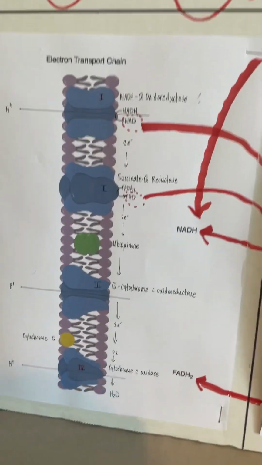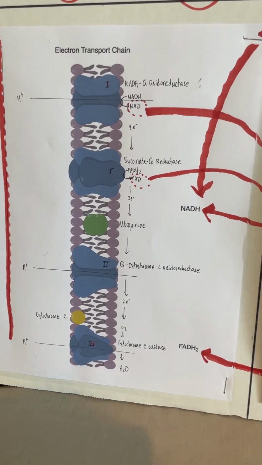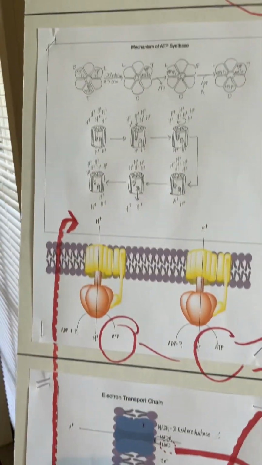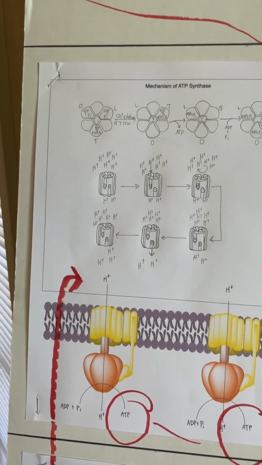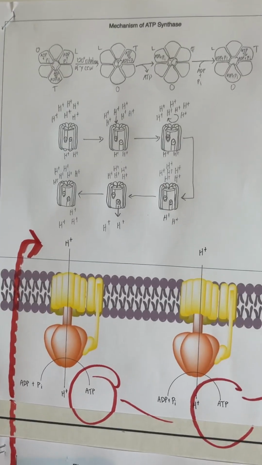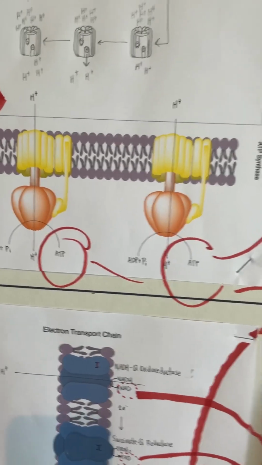So after these electron carriers are transported over to the electron transport chain, we form the proton gradient, which fuels the mechanism of the ATP synthase enzyme here. And it's through that proton gradient and the electron transfer from the electron transport chain that we can create more ATP, the same way we do in the pathway of glycolysis.